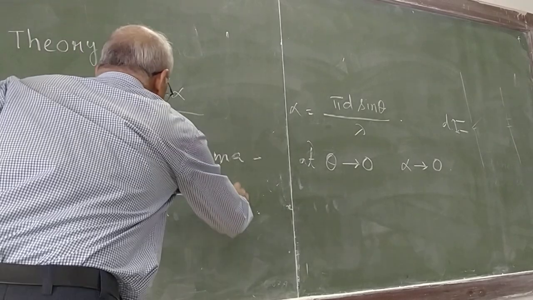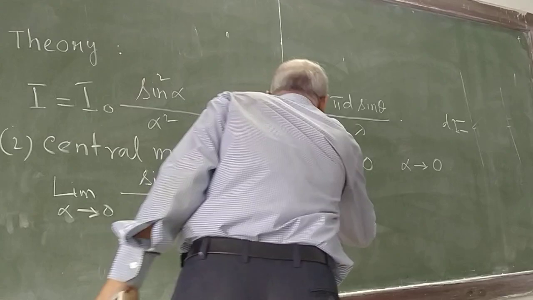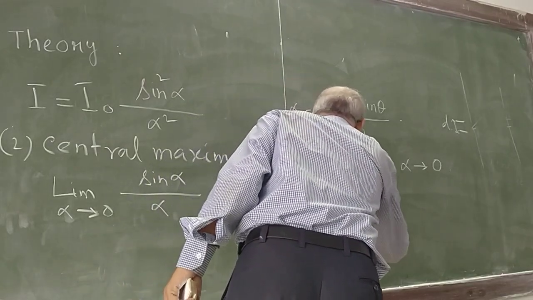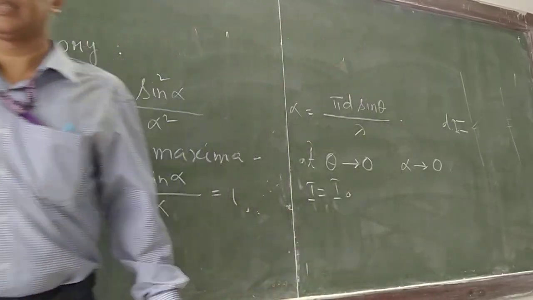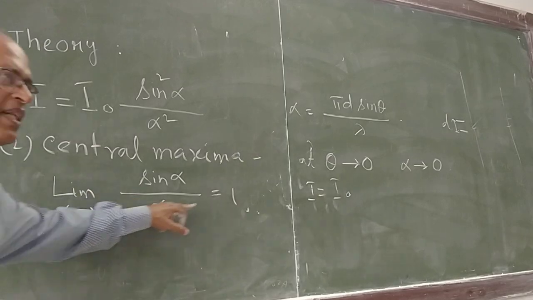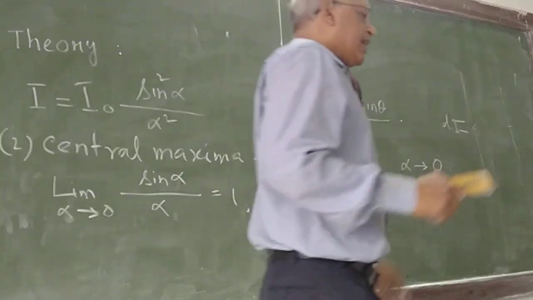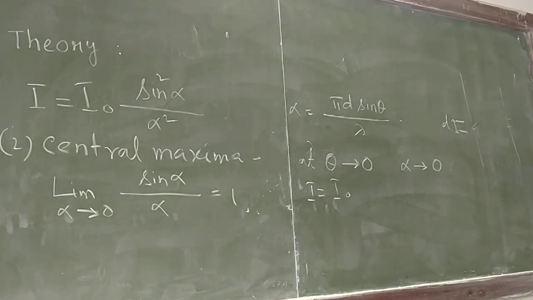Sin alpha by alpha is equal to 1. So I is equal to what? I is equal to I naught. The central maxima will be obtained at theta tends to 0. If theta tends to 0, alpha tends to 0, then we get this nice formula. Limit alpha tends to 0, sin alpha by alpha is equal to 1. Put this 1. So the maximum intensity is equal to I naught at the center.